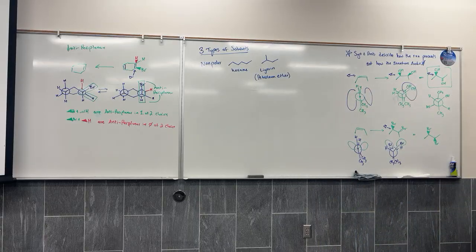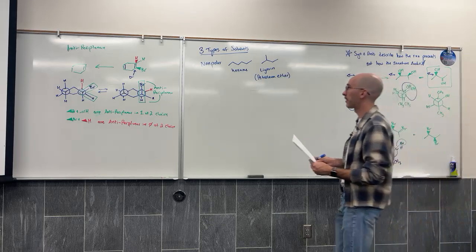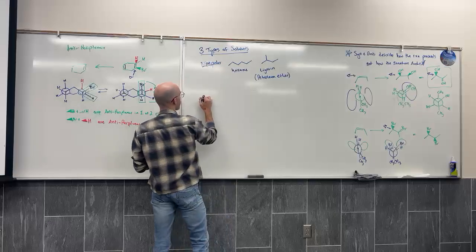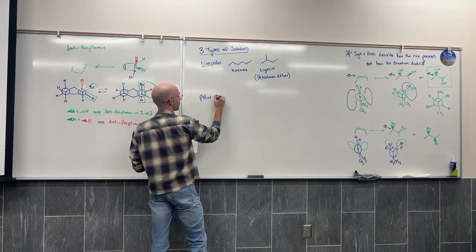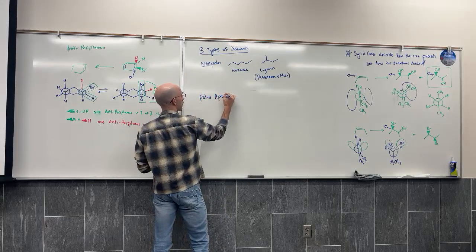Love it. We don't use these all the time in organic chemistry. Typically, we use it if we need two different phases, a highly nonpolar phase and then a more polar phase, so we can separate out things. Then we have two types of polar phases. Polar aprotic.